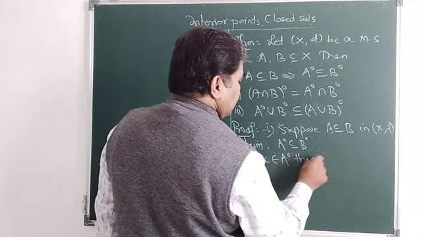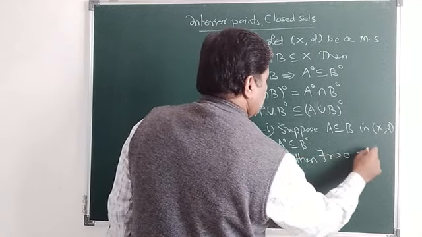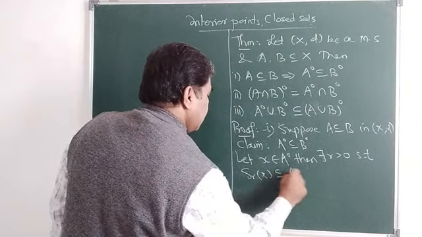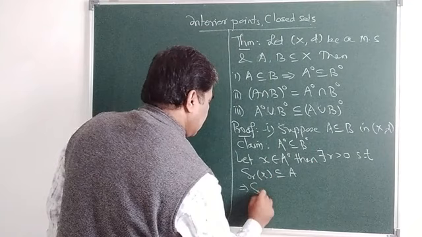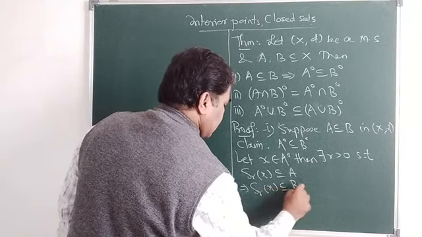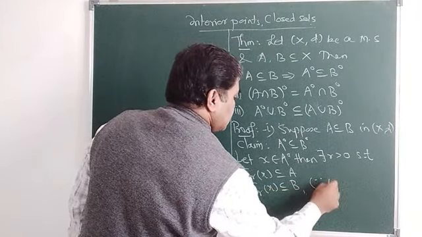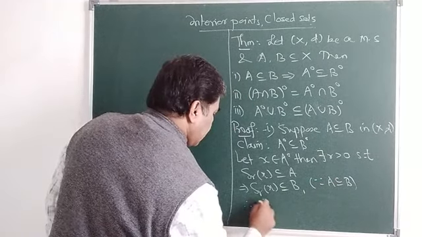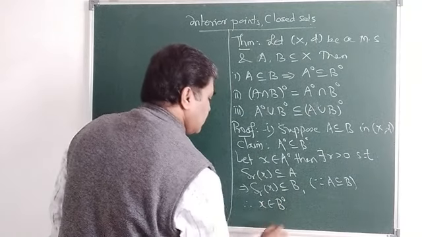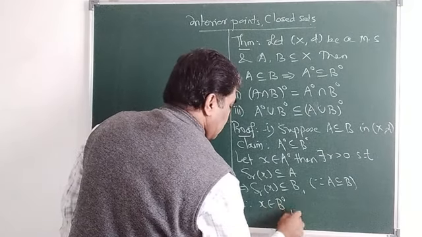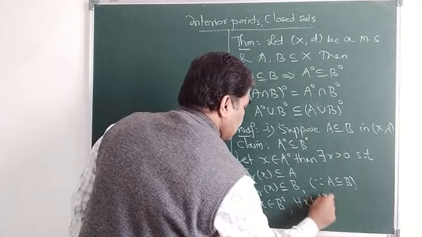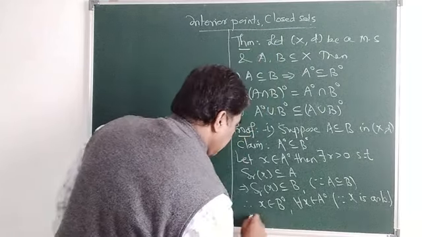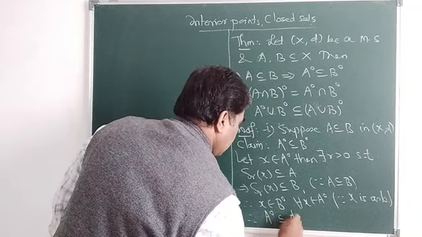Then there exists r greater than 0 such that S_r(x) is contained in A. This implies S_r(x) must be a subset of B, since A is a subset of B. This is given. Therefore, x belongs to B interior. Since x is an arbitrary point of A interior, A interior is a subset of B interior.